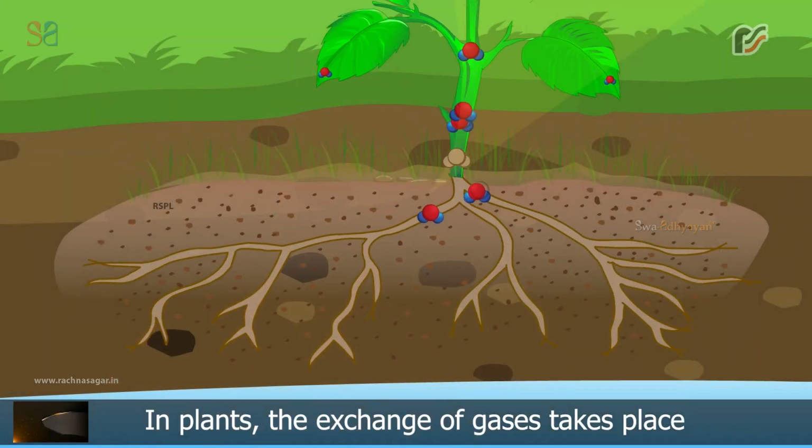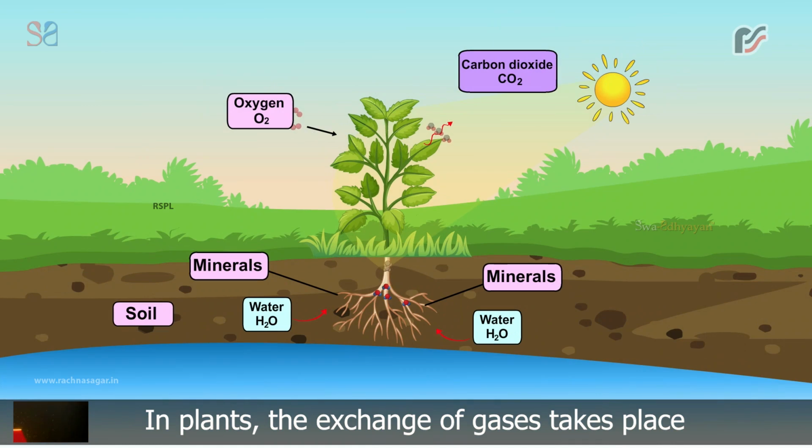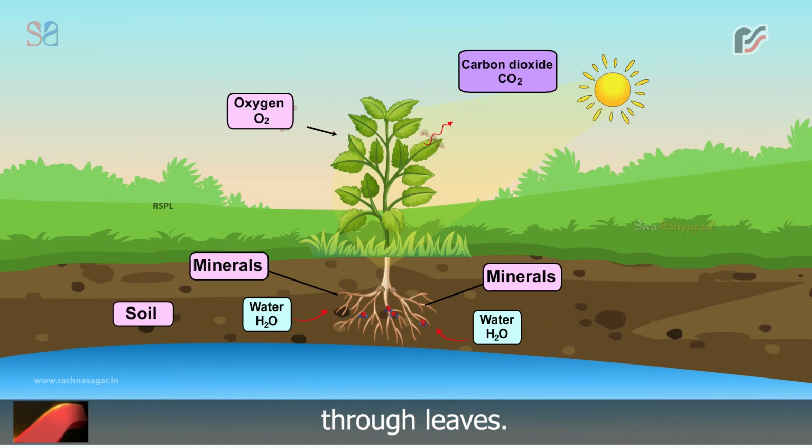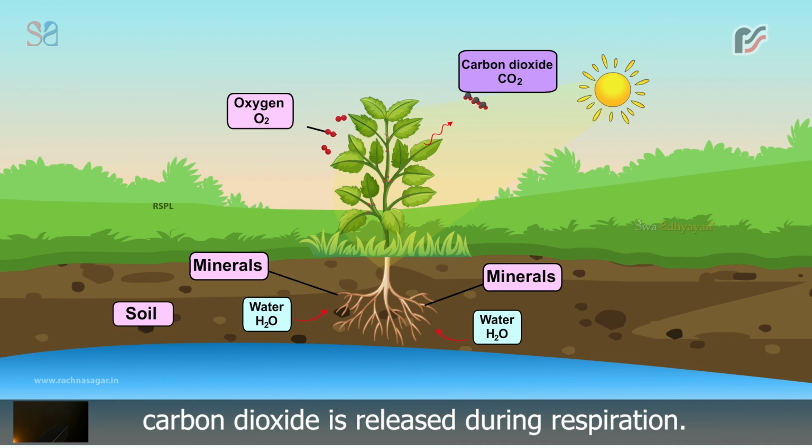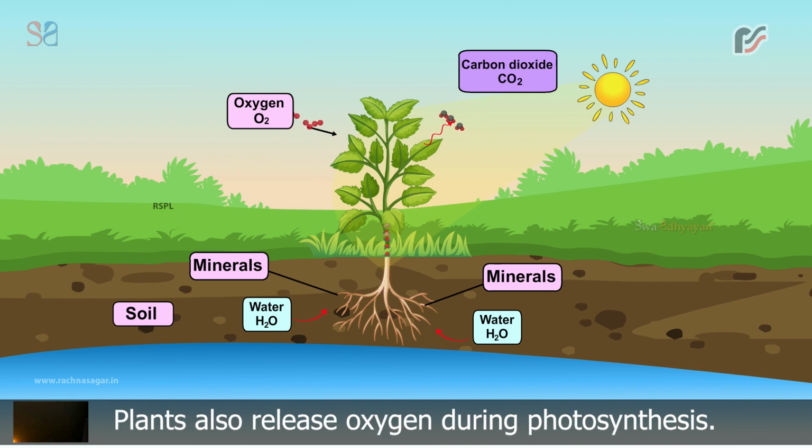In plants, the exchange of gases takes place through leaves. Oxygen of the air is taken in and carbon dioxide is released during respiration. Plants also release oxygen during photosynthesis.